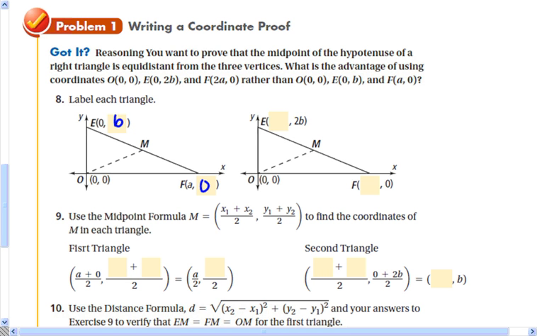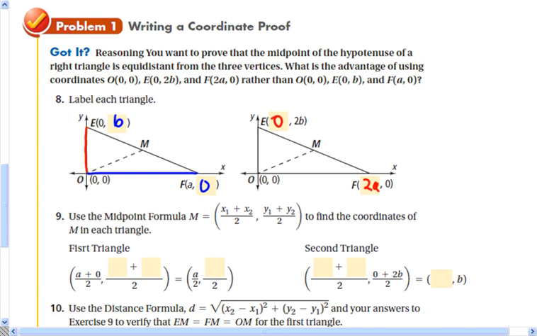So the distance on the x-axis is a, and the distance on the y-axis is b. Okay. The second one, we're going to call them those same distances, 2b and 2a. So this will be 0 there, and this will be 2a there.